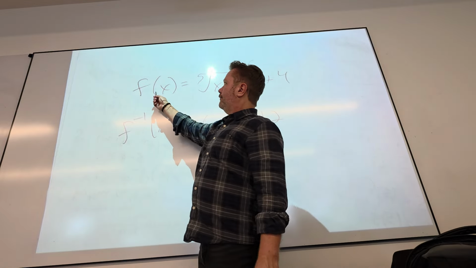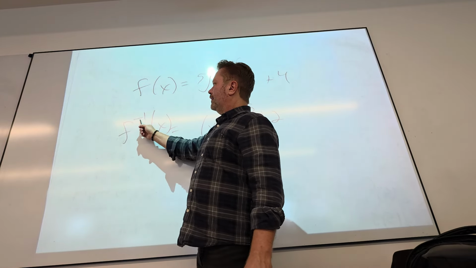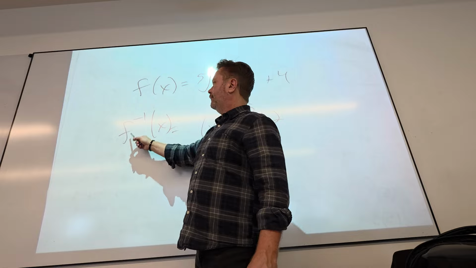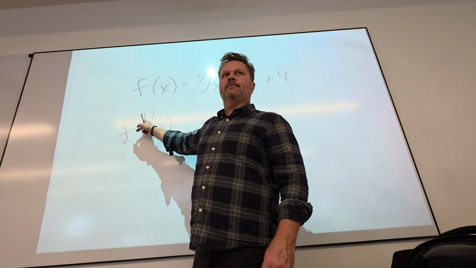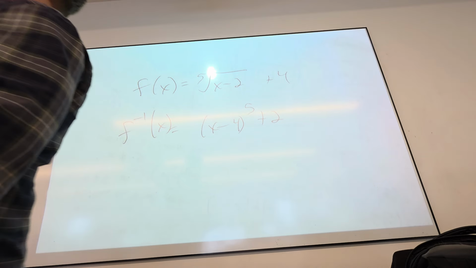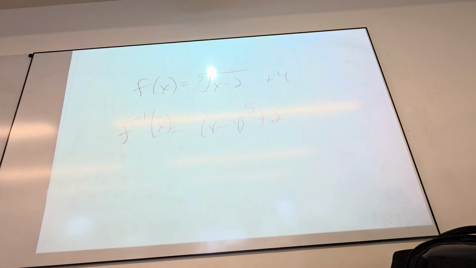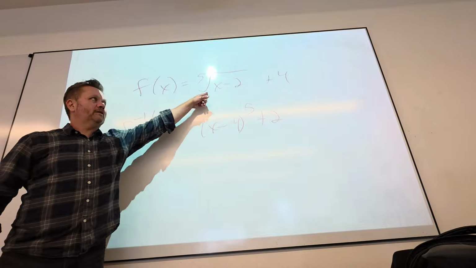So given f with a -1 up here, I read this as f inverse. What really sucks about this choice we made is, what do I do when I raise something to a -1 power? I just flip it, yes? That is not what that means. That means the function that does the opposite. Is this the reciprocal of this?